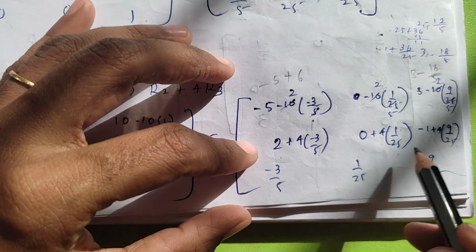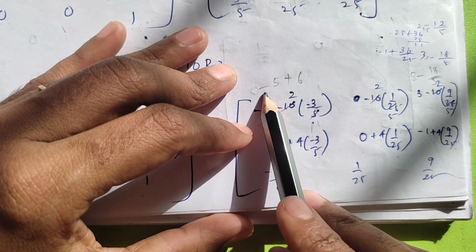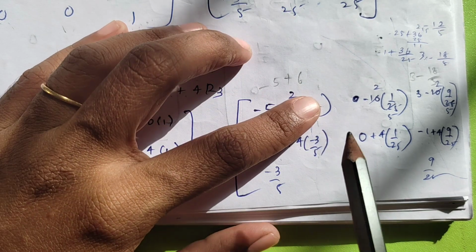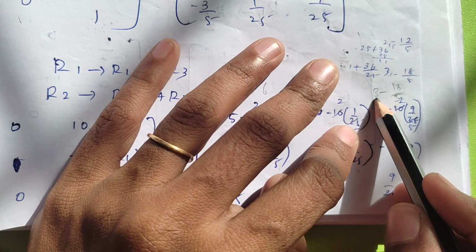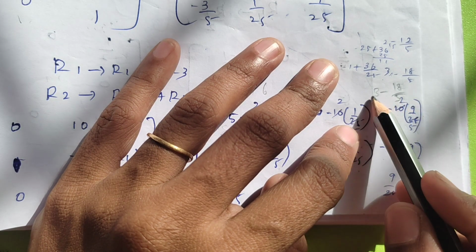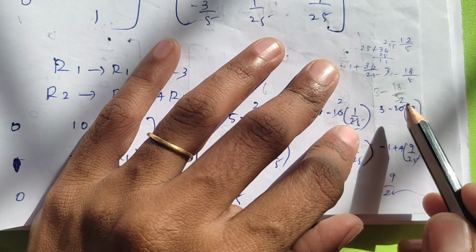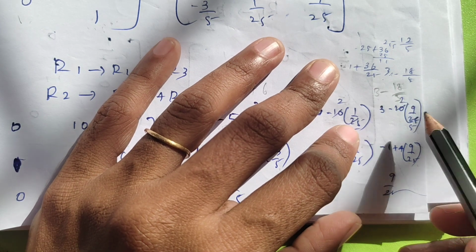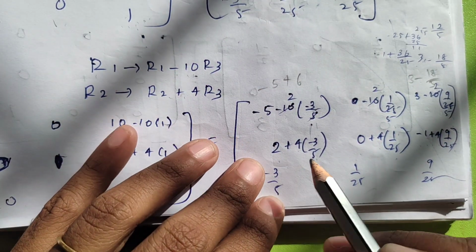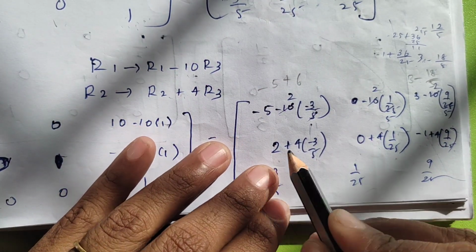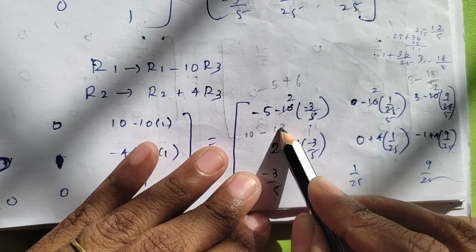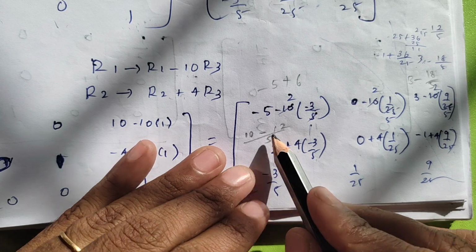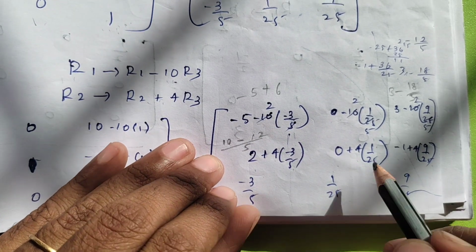So on simplification, 6 minus 5 will be 1. Here minus 2 by 5. Here we have 3 minus 18 by 5, that is 15 minus 18 by 5, that is minus 3 by 5. Here we have 5, so 10 minus 12 by 5, that is minus 2 by 5.